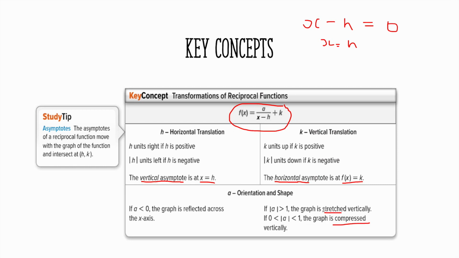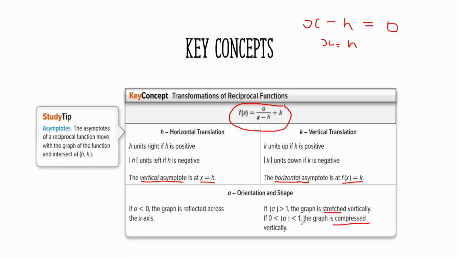But if A is between 0 and 1, then we have a compression. It's between 0 and 1, so like 0.5. It will be in between 0 and 1 and it will be compressed.